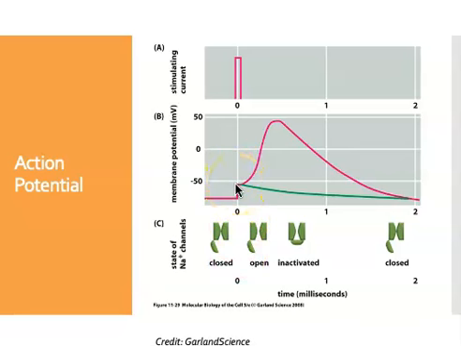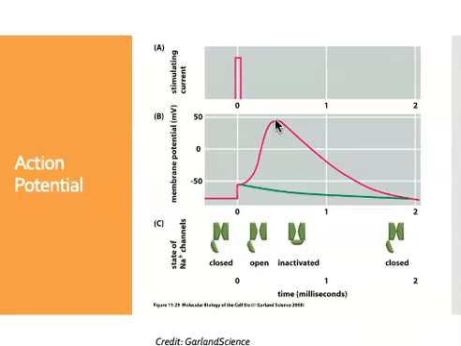Well, sodium rushes into the cell. The sodium is bringing positive charge with it. So the inside of the cell that was relatively more negative than the outside at rest is becoming less and less and less negative. See that? It's going up, up, up, up. It's becoming less negative, more positive, until it hits this peak.